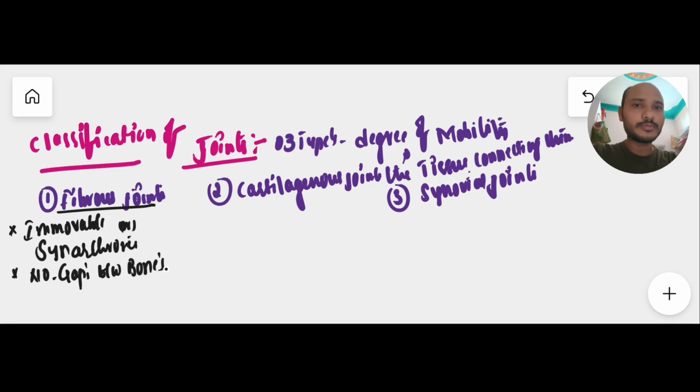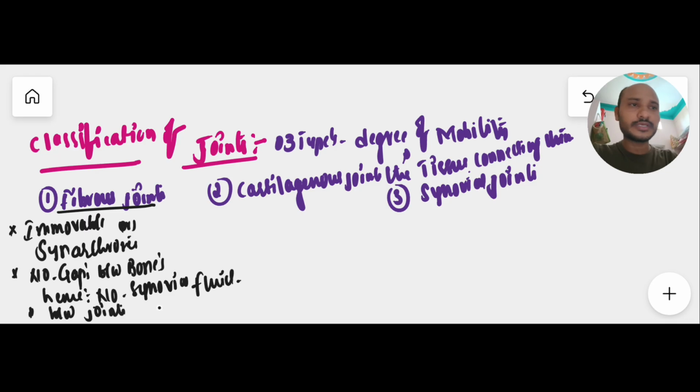Hence, they are immovable. Hence, no synovial fluid is present. Between the bones in a fibrous joint, there is connective tissue present, that is fibrous connective tissue.